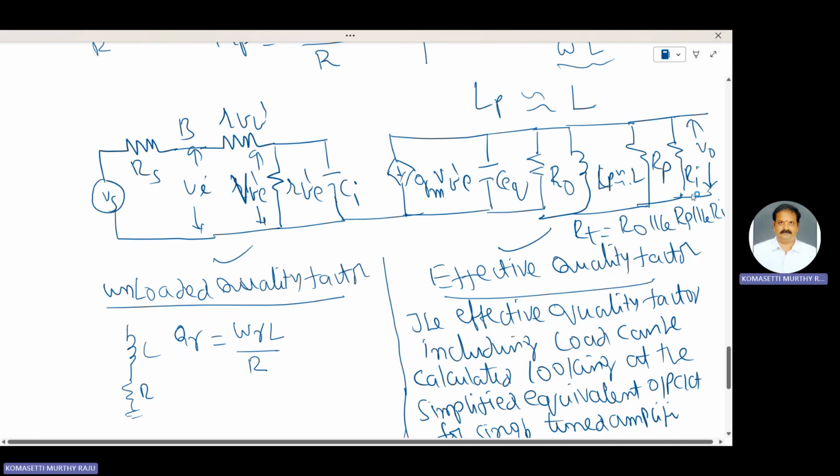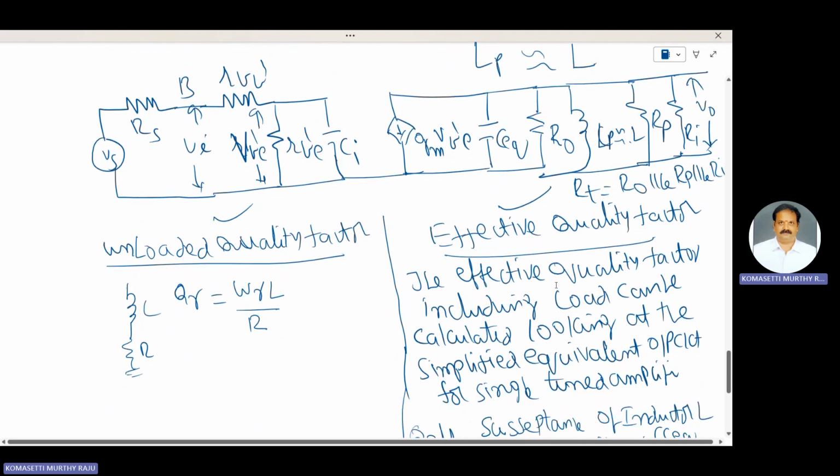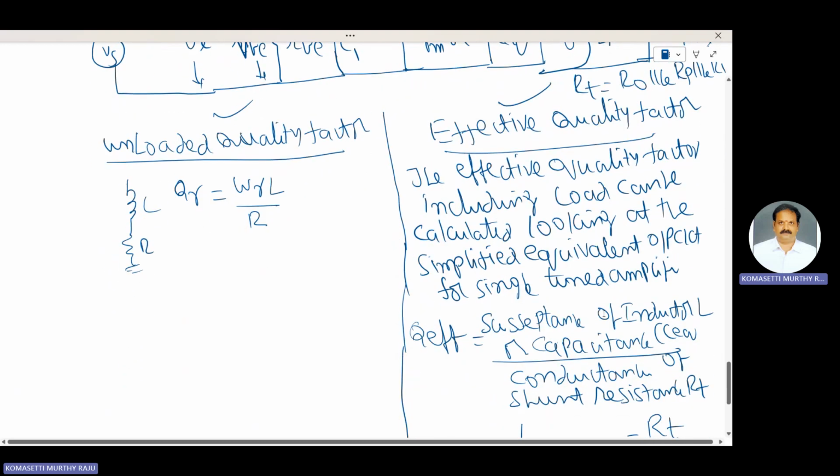RA is the input resistance of the next stage. And RP is the resistance belongs to that tuned circuit. These three acts as load. That is the RT, R naught parallel with RP parallel with RA, along with C equivalent and L. That is the reason that quality factor is called as effective quality factor or loaded quality factor.